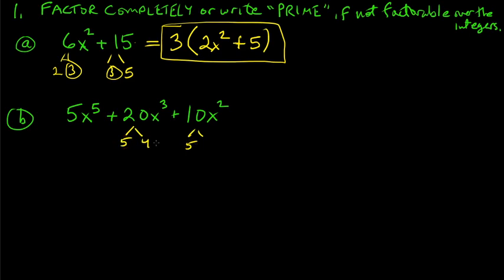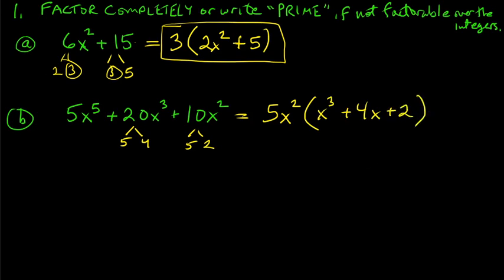So we'll just factor out the 5. And they all have an x as well. In fact, the lowest power of x is x squared, so we can factor out the x squared. All right, and when you divide, you just get x to the 3 plus 4x plus 2.